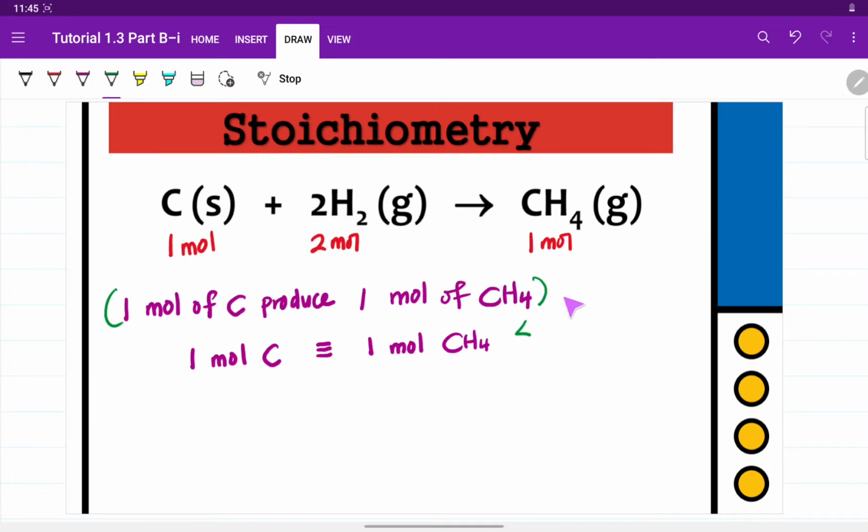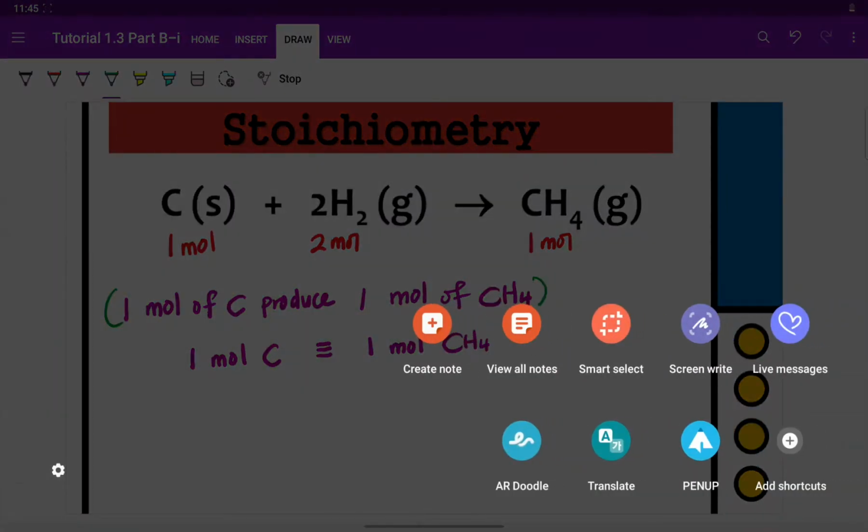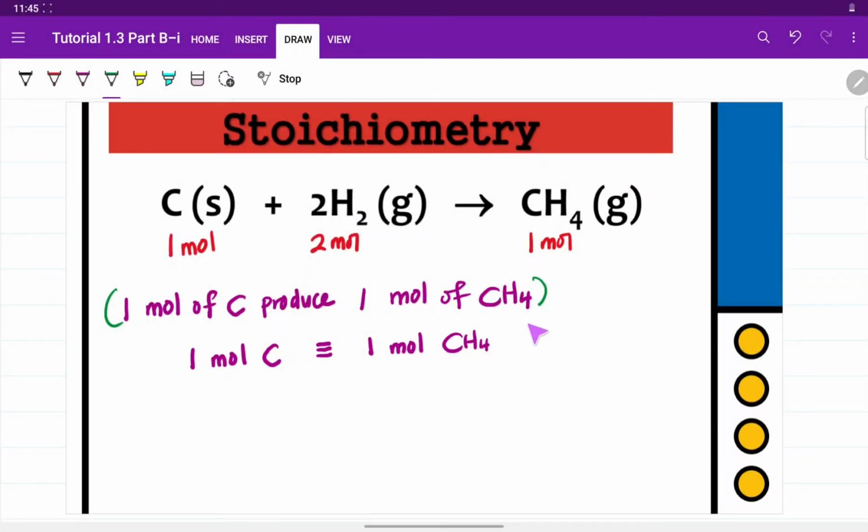Now, why is it important for you to write down like this? Please bear in mind, yang kita tulis dekat sini adalah berdasarkan teori, teori yang berdasarkan balance equation. Katakan saya ada soalan.